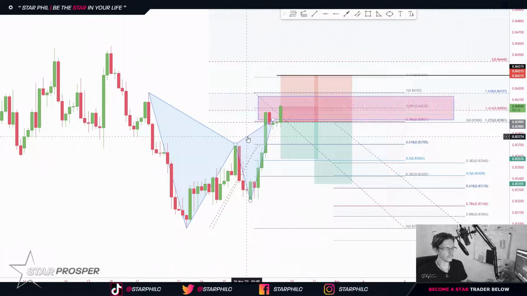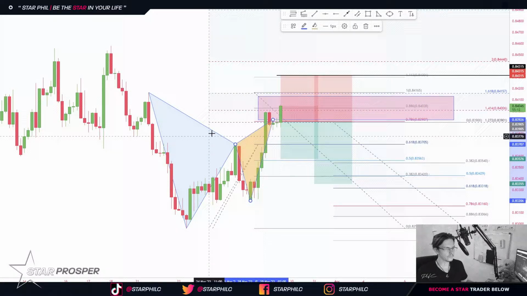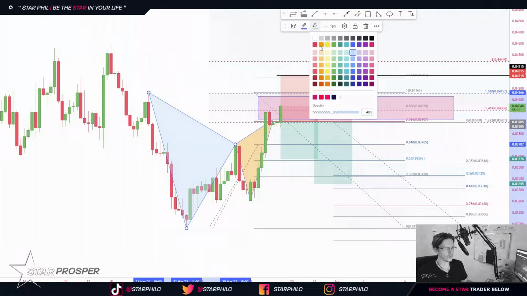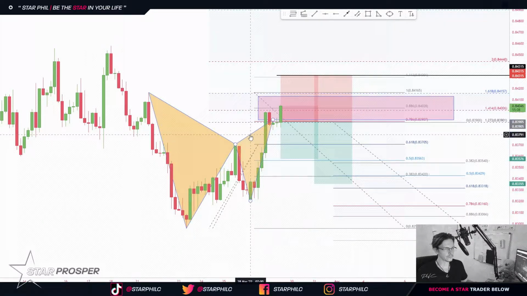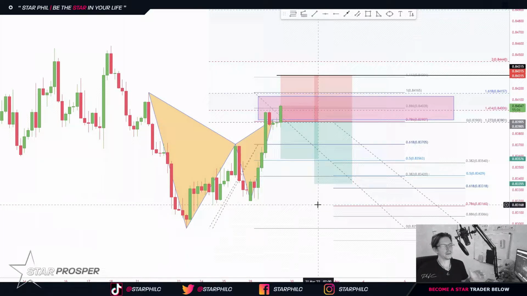This pattern right here. So I'm going to change this from blue, and we'll go to orange, like this. Because blue is a cipher pattern.